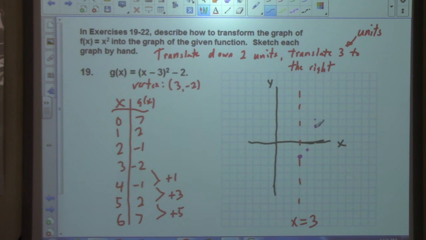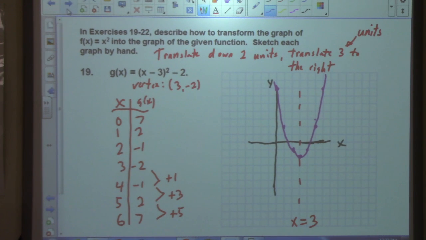That's plus 3 there, right? I'm just counting a little bit. Then plus 5, 1, 2, 3, 4, 5. Then this, then this, and finally this right here, 0, 7. So we have this. Okay, that's it.